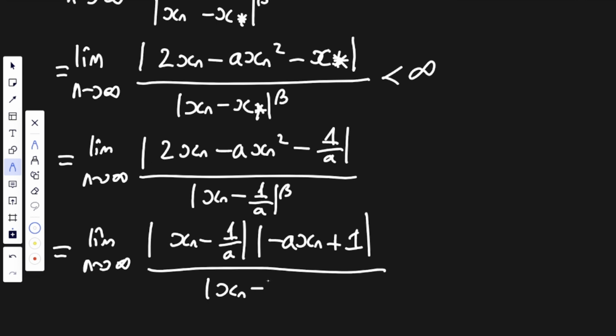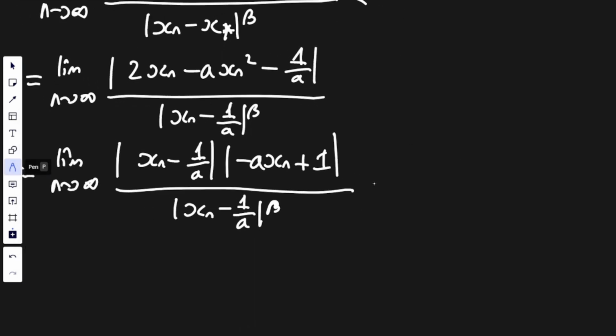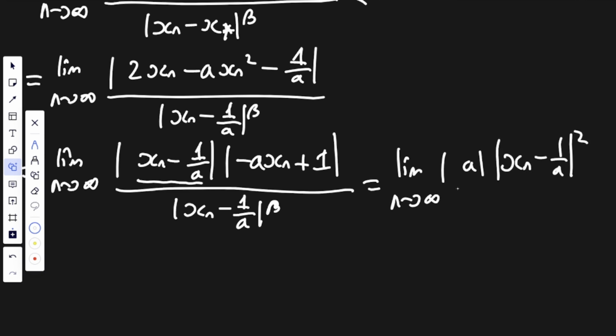Let's add the bottom in. Now here's where the tricks get really interesting, because if I pull out a minus a on the top, so we do the limit as n goes to infinity, and I pull out a minus a. Remember, there's absolute value, so actually we can just get rid of the negative. Well, we're actually going to have an xn minus 1 over a, so we're going to have an xn minus 1 over a squared, all divided by an xn minus 1 over a to the power of beta.